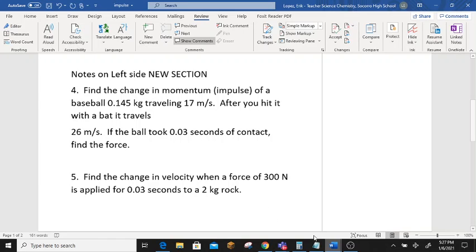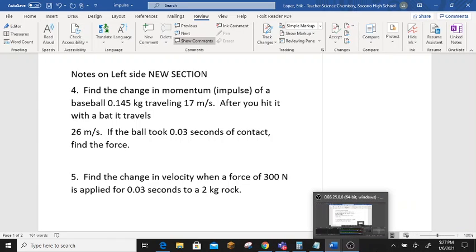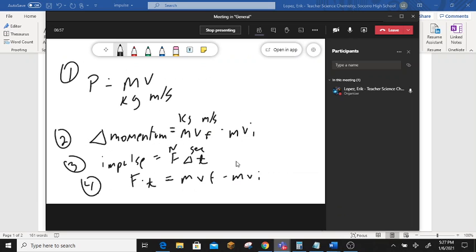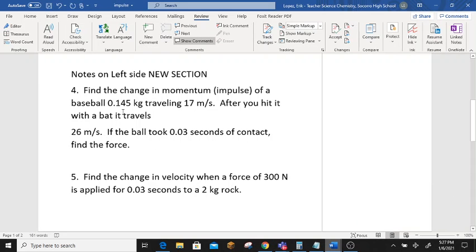What I suggest that you do is copy these formulas on the right side in a new section. Well, this one especially, since it's kind of like a new formula. And what you want to do is these problems should be 5, and then this should be problem number 6.